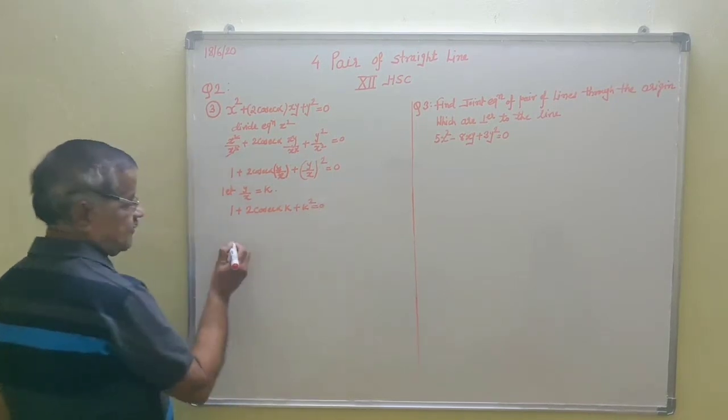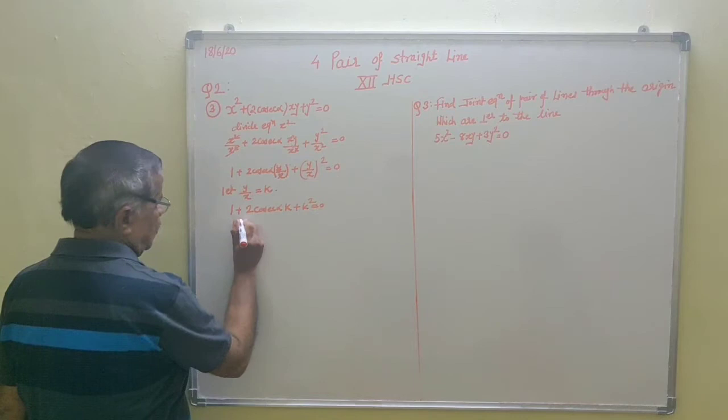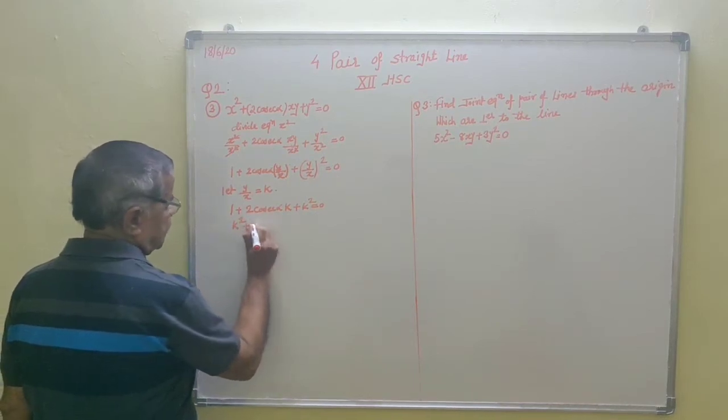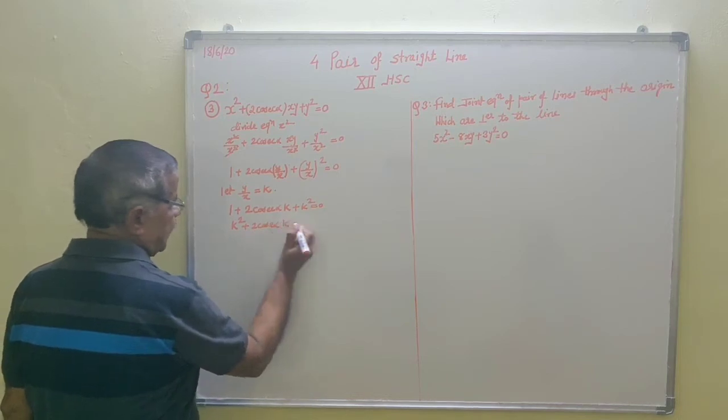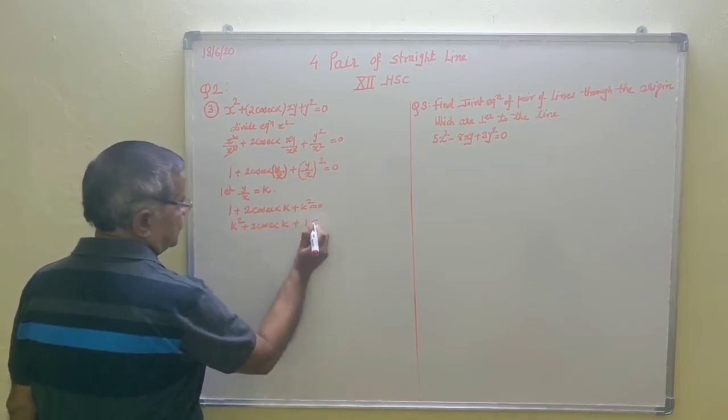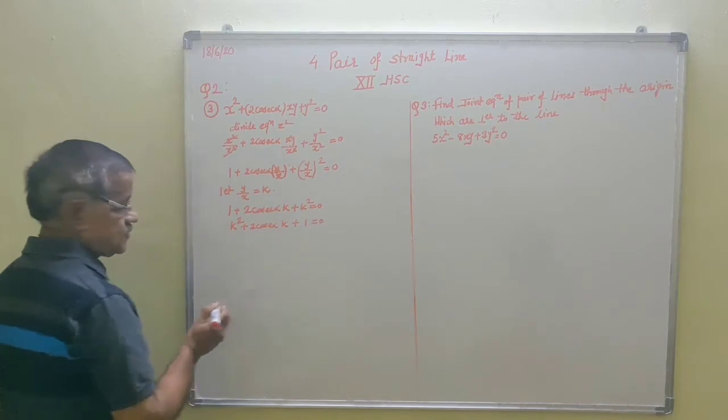Now I will arrange this equation, so I will get k square plus 2 cosec alpha into k plus 1 is equal to 0. This is a quadratic equation.